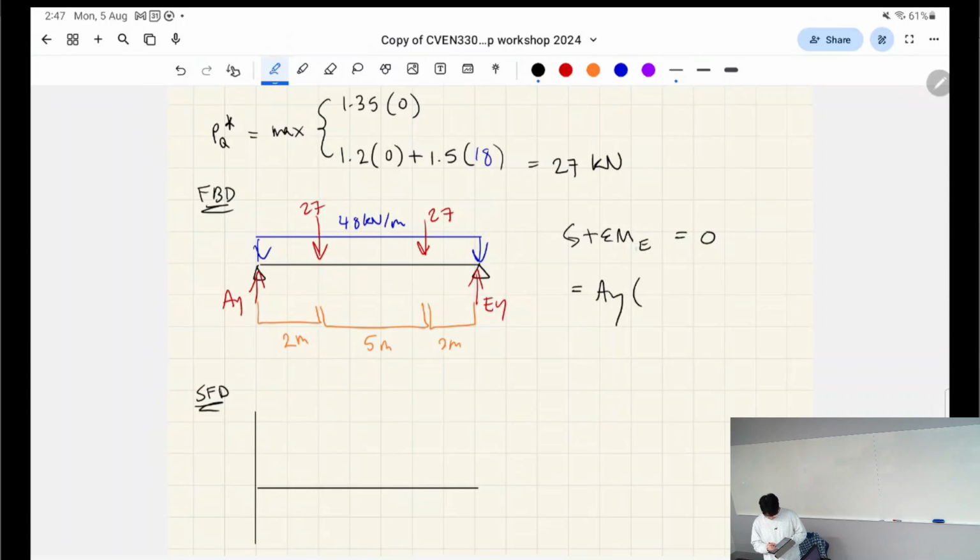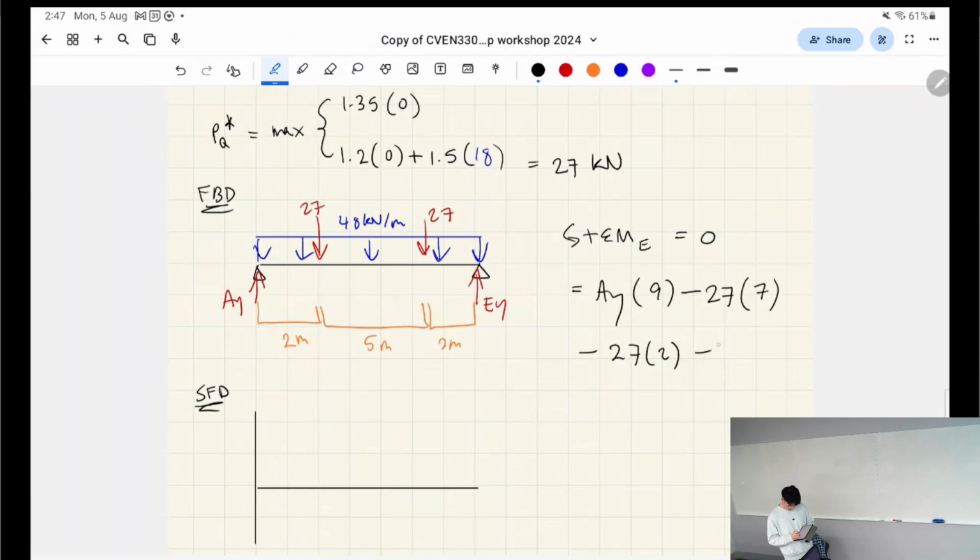So AY multiplied by the distance. And then we're doing the point loads here, and then also the distributed load. We can get the magnitude of this distributed load by multiplying it by how long it runs over.